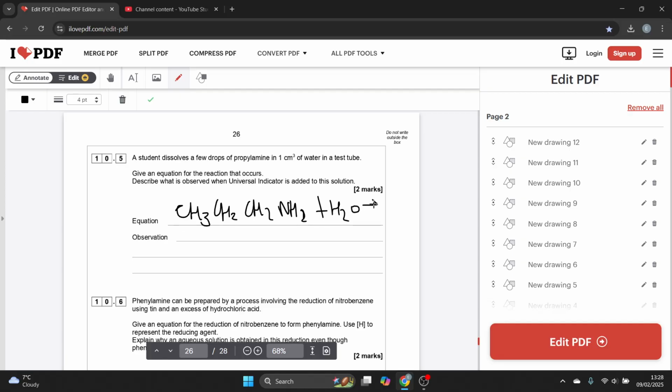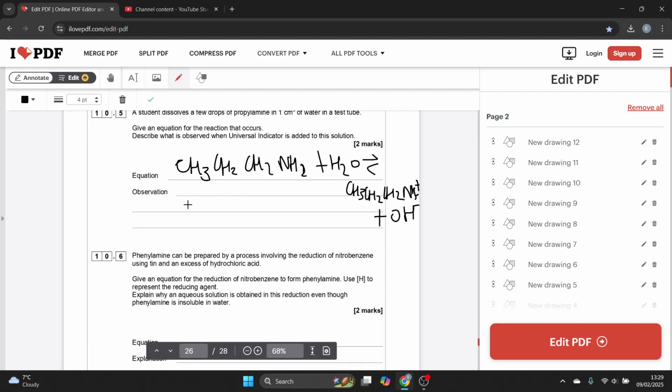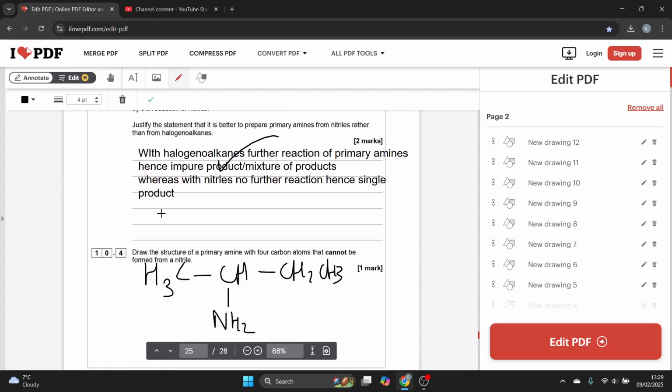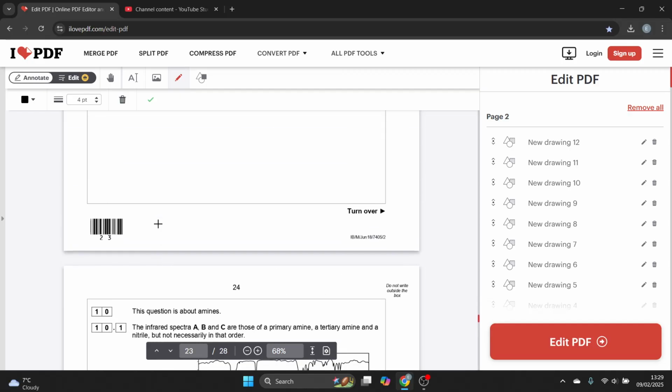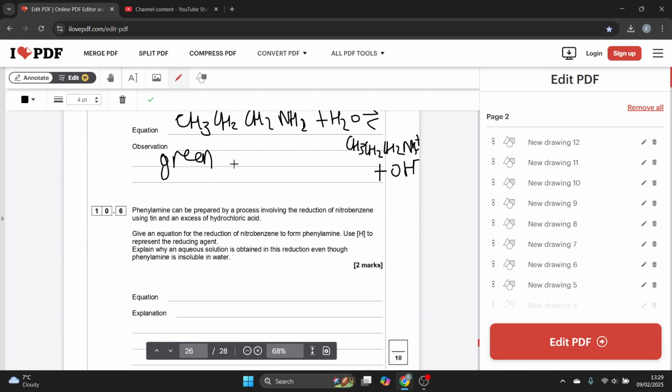It's going to be a reversible reaction, and what you're going to form is CH3 CH2 CH2 NH3 plus OH minus. Observation: the green turns blue.